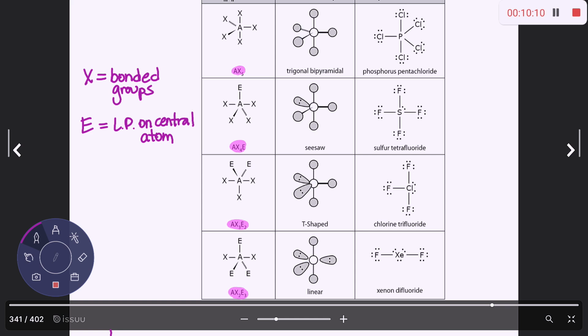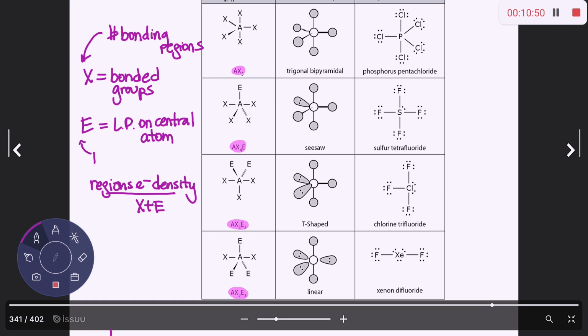So when you guys go to fill in the lab, you see where it says regions of electron density? Regions of electron density is going to be the X's and the E's added together. Okay? So it's how many things are bonded or on the central atom. Number of bonding regions, those will be the X's. Okay, and then the number of lone pairs, those will be your E's.